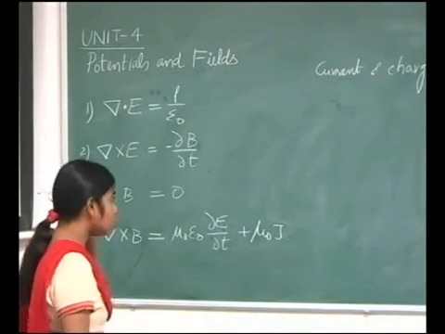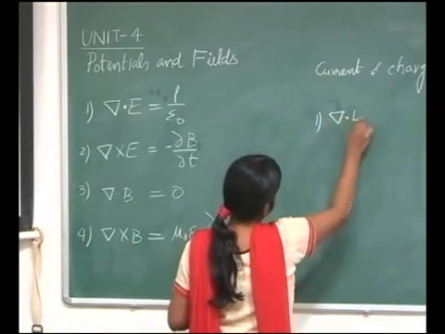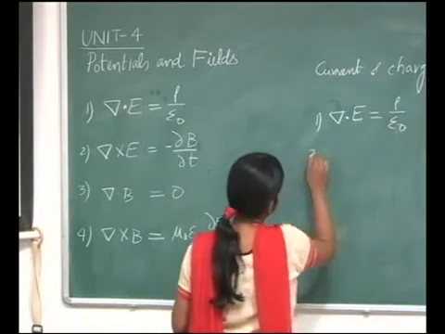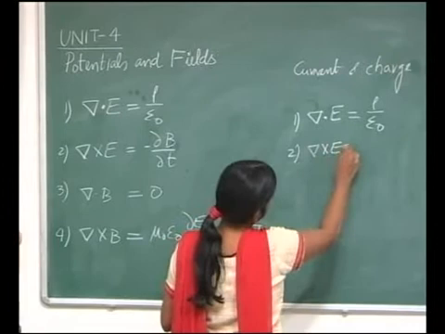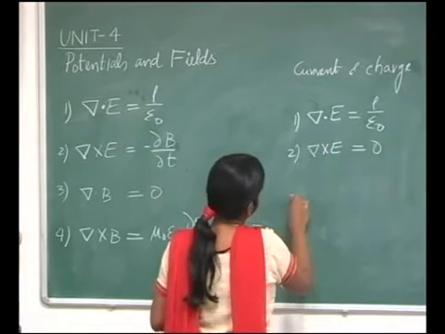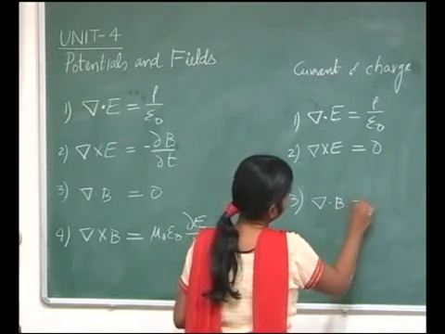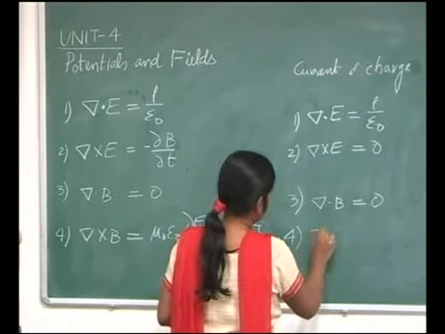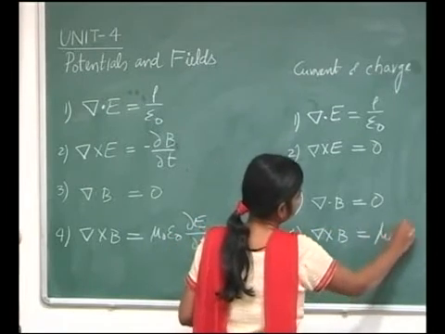So, I get a new set of equations. And I get del dot B is equal to 0, and fourth is del cross B is equal to mu naught J.